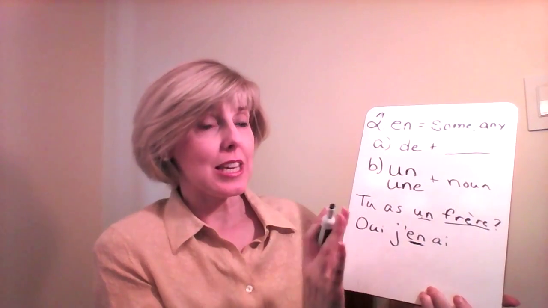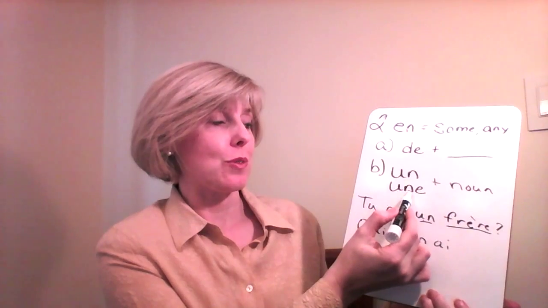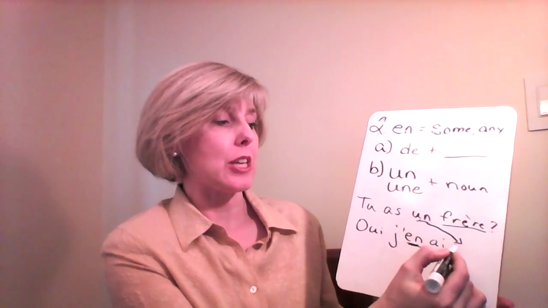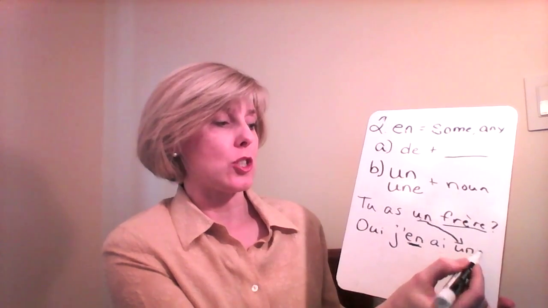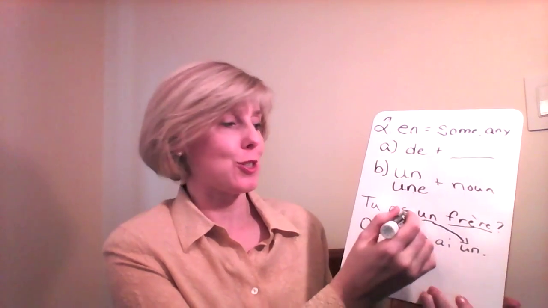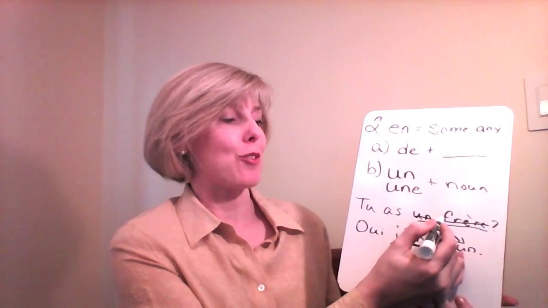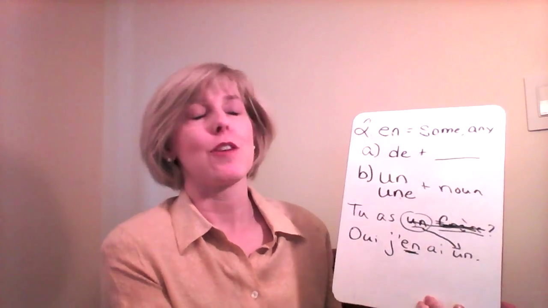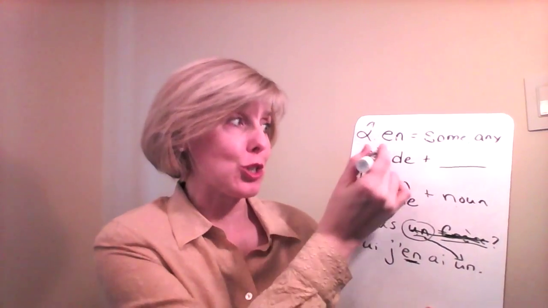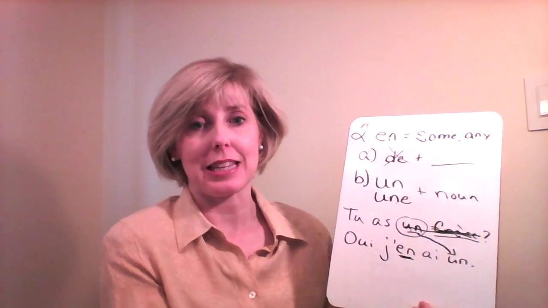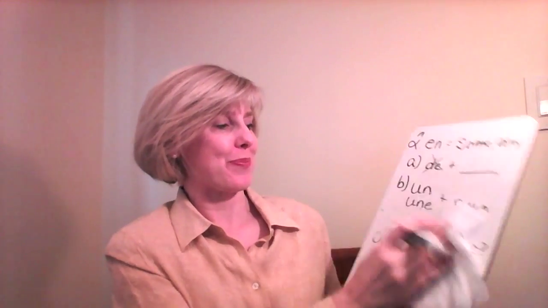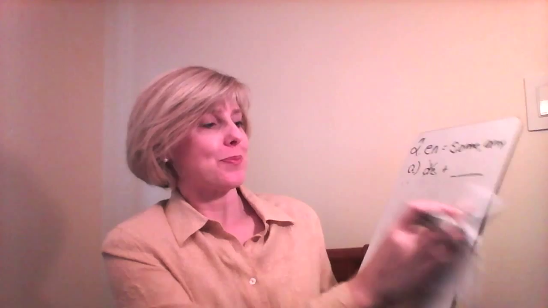But the strange thing is that when you have un or une plus a noun, you have to include that number in your answer. Oui, j'en ai un. That number comes back. So you don't completely cross it out. You cross out the noun, but you have to keep the number. So that's a little bit different from when we had the word de, where de came out completely. This is a little bit more complicated than y, isn't it? Just a little bit.